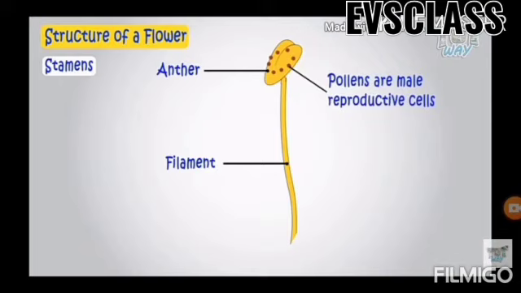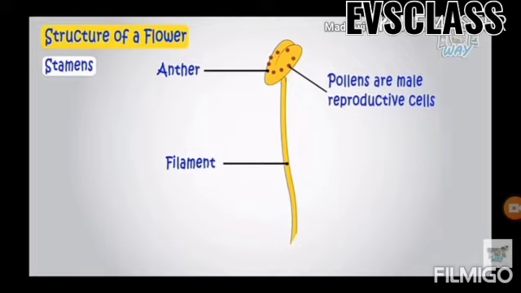Now see students, here also the stamen: anther, pollen, which are male reproductive cells, and filament. Students, practice the diagrams well. Male part of the flower, female part of the flower. This is the male part, and today in this video we get a lot of ideas about all the parts.